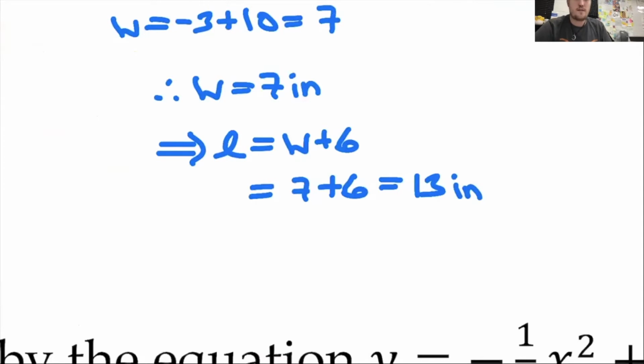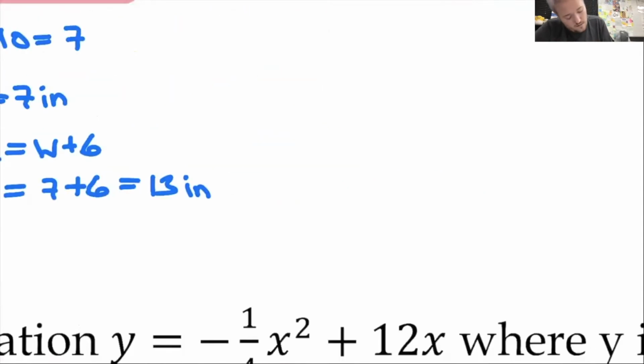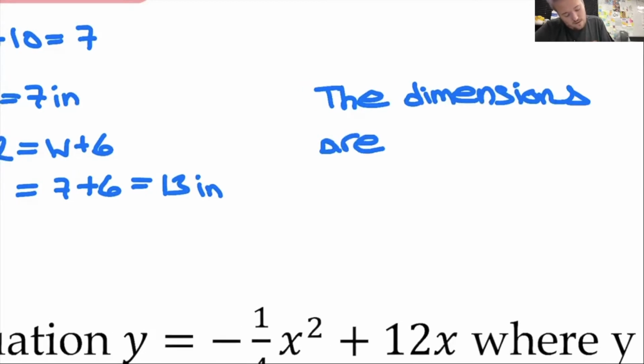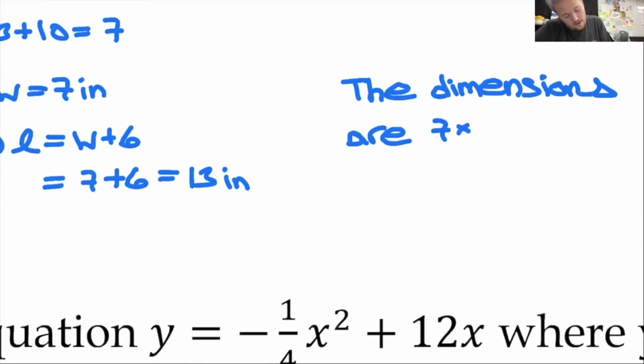All right, so my dimensions are 7 by 13 inches. So you could say the length is 13 inches and the width is 7 inches. That is okay as well.